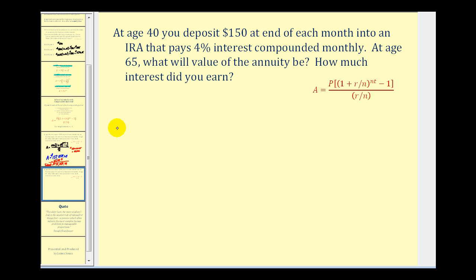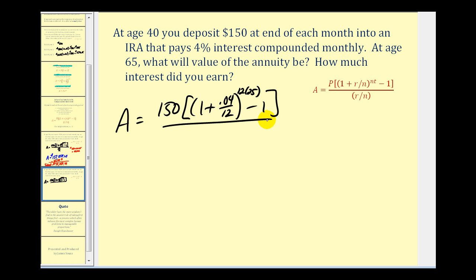So the formula will look almost exactly the same, except now t is going to be 25 instead of 35 because we're starting to save 10 years later. So our exponent here is going to be 12 times 25 instead of 12 times 35. The interest is the same as well as being compounded monthly. So let's see what this would give us.